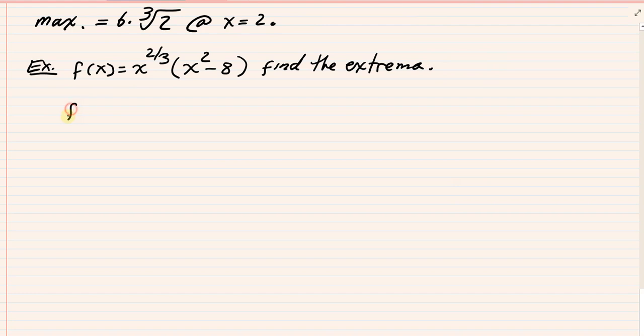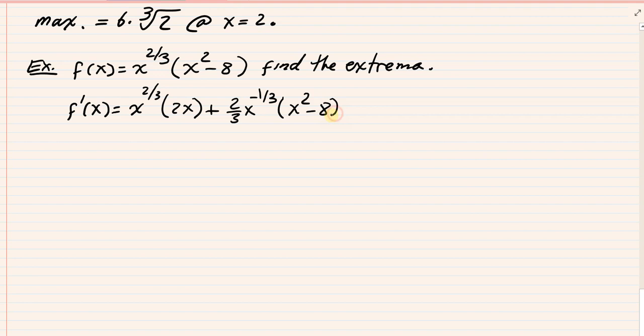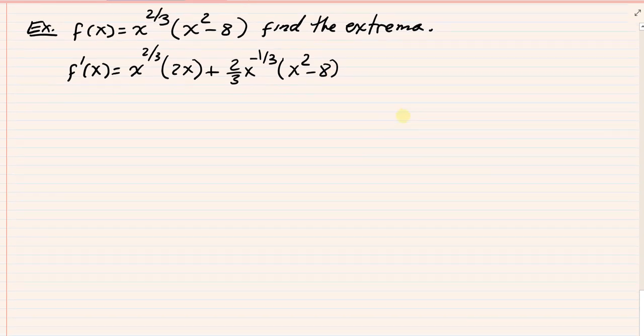So I need to find the derivative again before I use the first derivative test because we need to have critical numbers. So the first times the derivative of the second plus the derivative of the first times the second. And there we have this one.